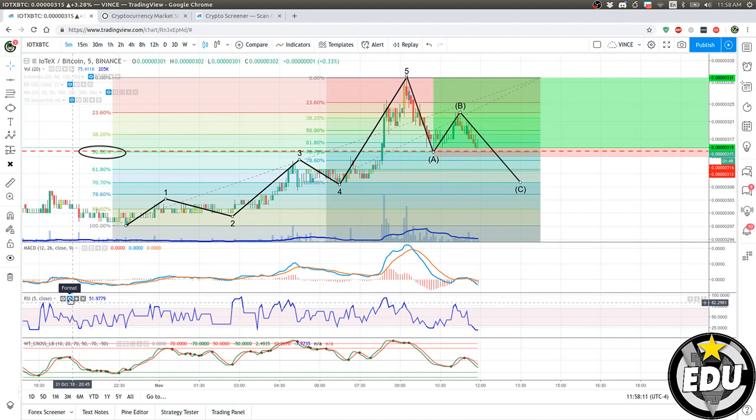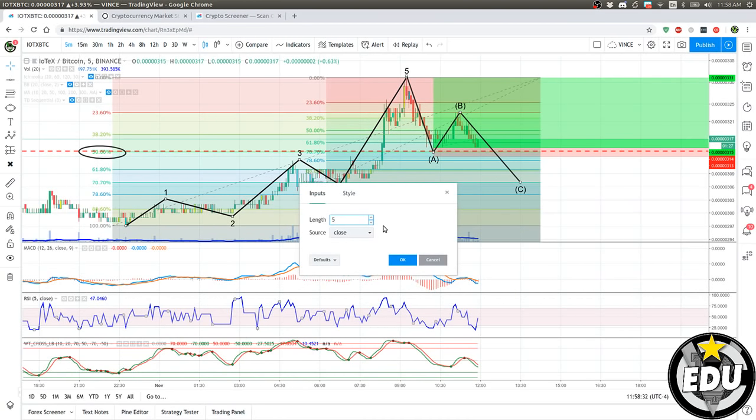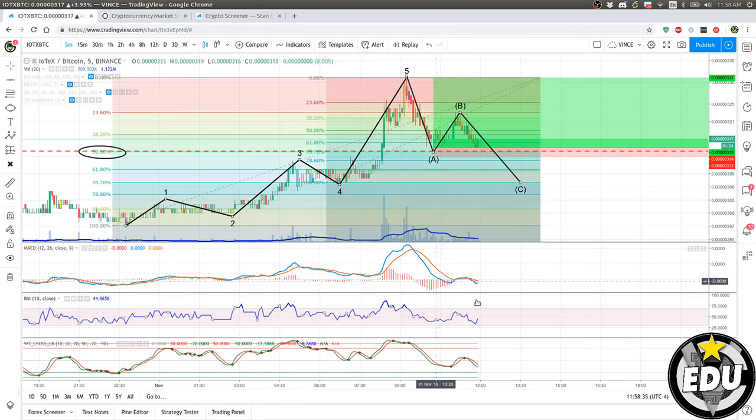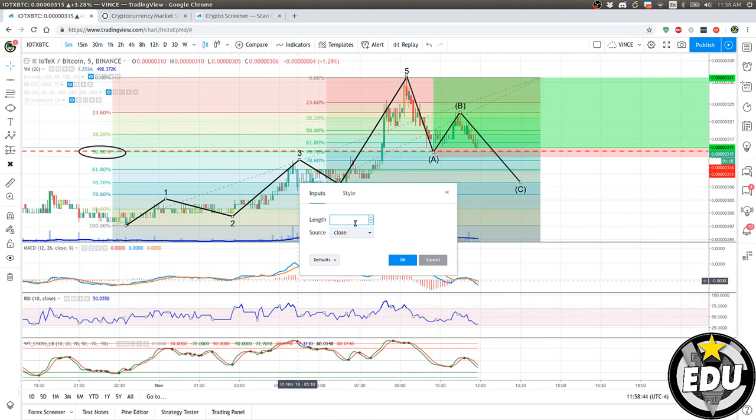You have to test it, practice, use different settings, and try to see what's the best setting for you. 5 can be very volatile, as you can see. Look how the RSI gets oversold and overbought many times compared to if I put 10. With 10, it doesn't really show us any oversold level. That's why Elisa is saying to decrease it to 5.